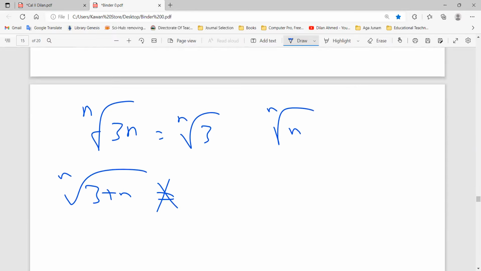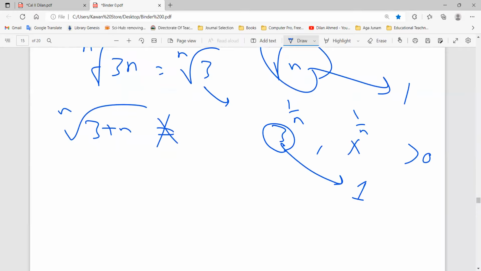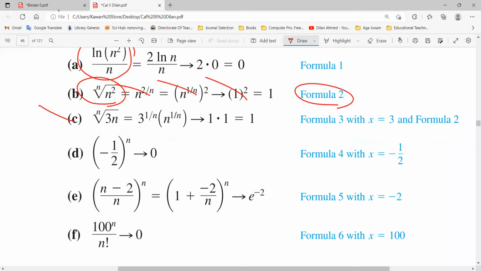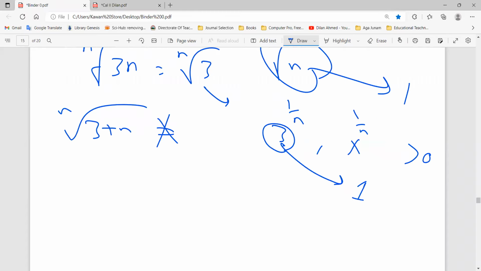So because you have multiplication, that one is equal to what? By the second formula, right? And how about that one? It is equal to 3^(1/n). And this is the x. 3 is greater than 0. Yes, that's why this one is also going to 1 by the third formula. So 1 multiplied by 1 is equal to what? 1, and I'll get the result.